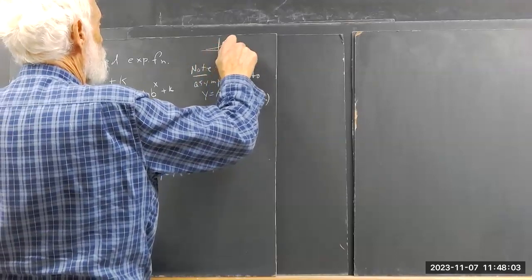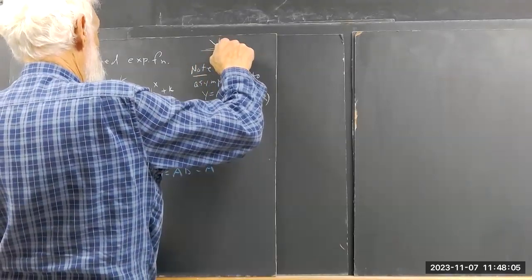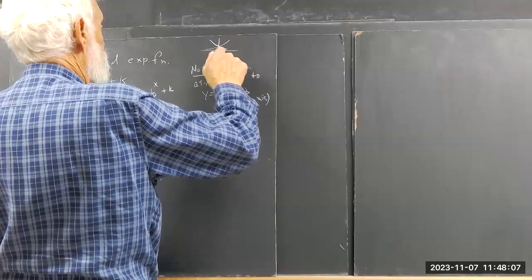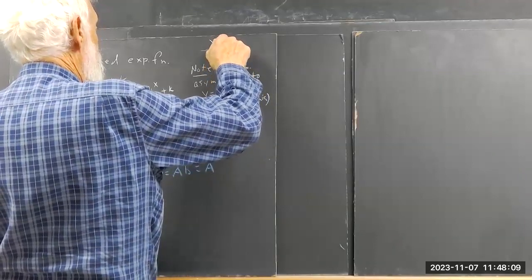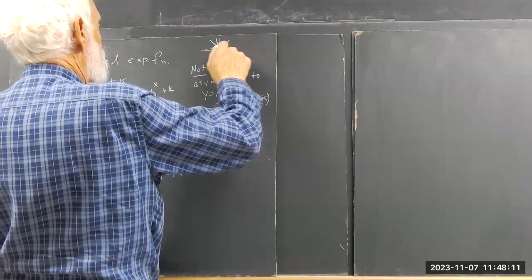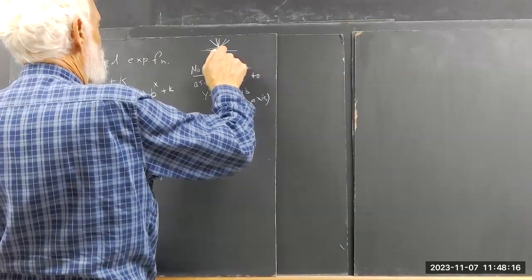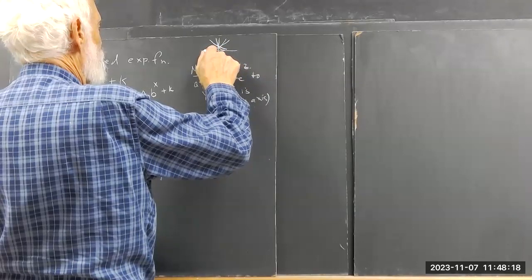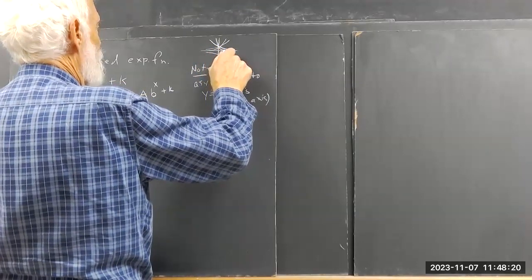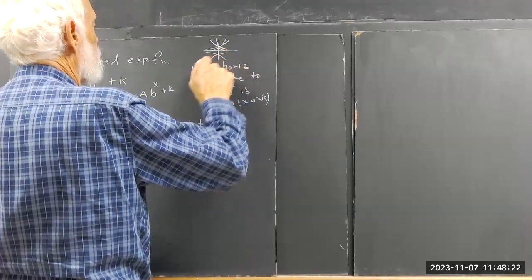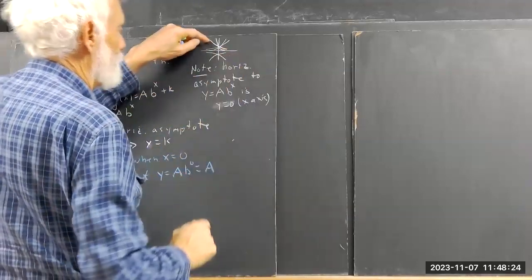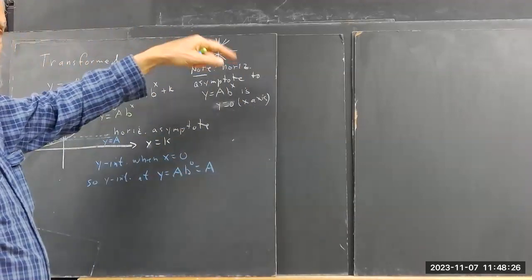You have graphs that look like this, and this, and this, and some of these I'm actually drawing accidentally touching the y-axis. But we understand these pictures, and we've always got an asymptote.